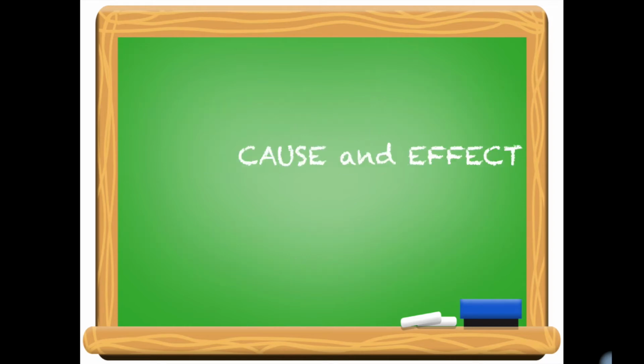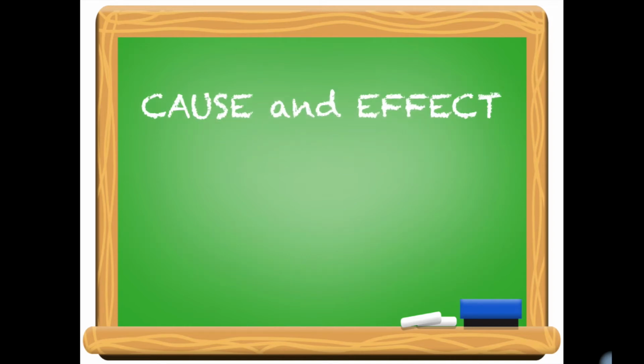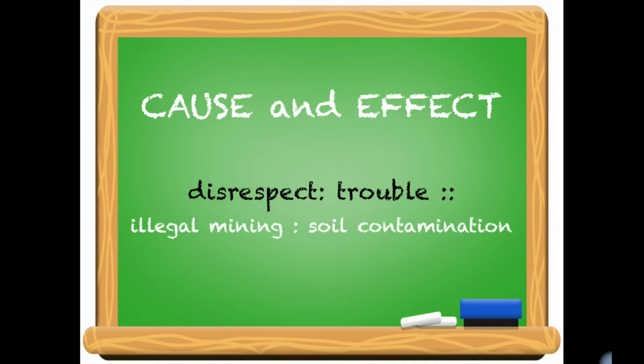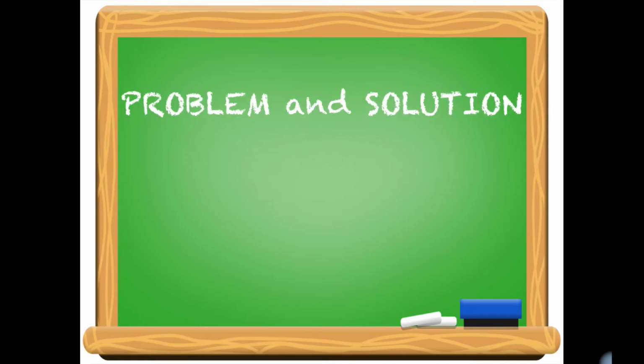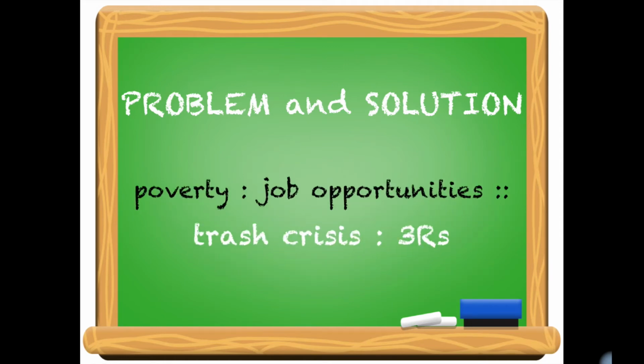Next is the cause and effect analogy. In this example, take note that the first parts are the causes, while the second portions show the possible results. One complex type of analogy is problem and solution. Poverty is to job opportunities, as trash crisis is to 3 Rs.